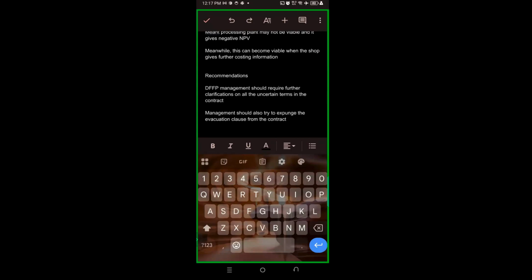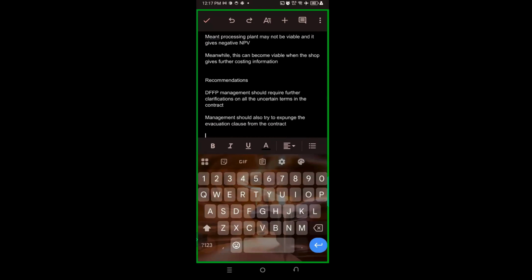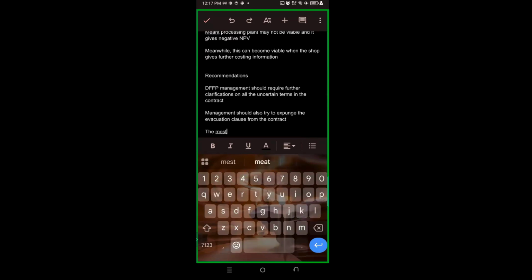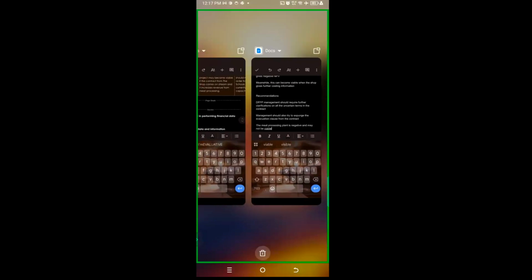Then recommend that the NPV of the meat processing plant is negative and may not be viable based on the data provided. Let me see what they said about it.